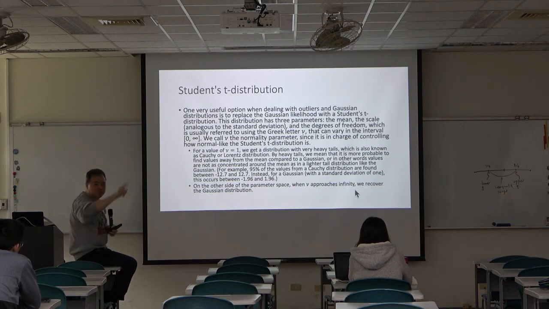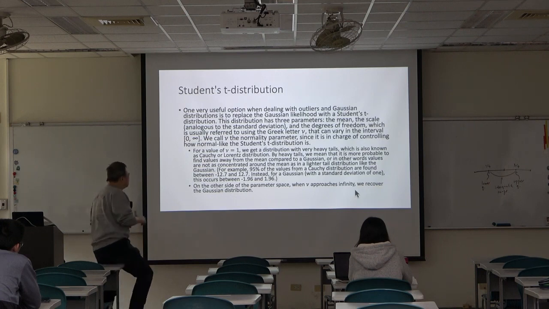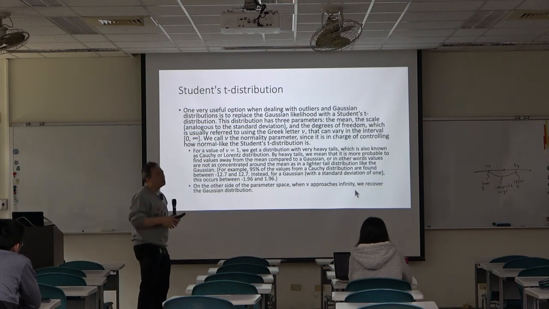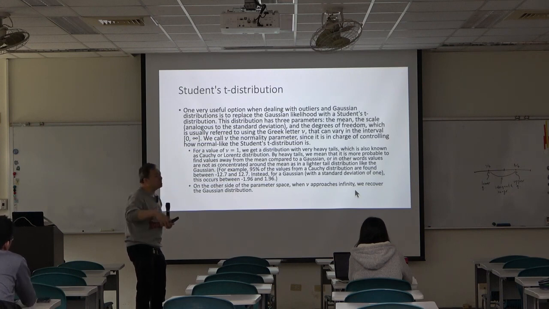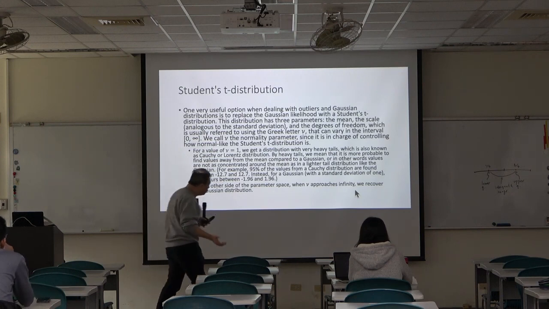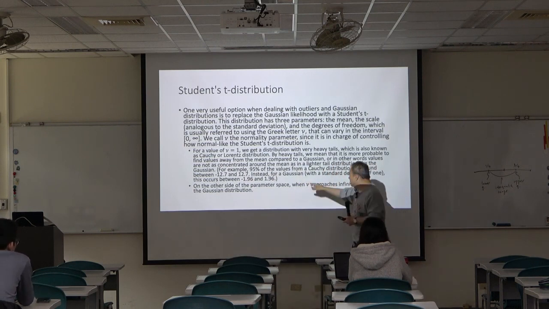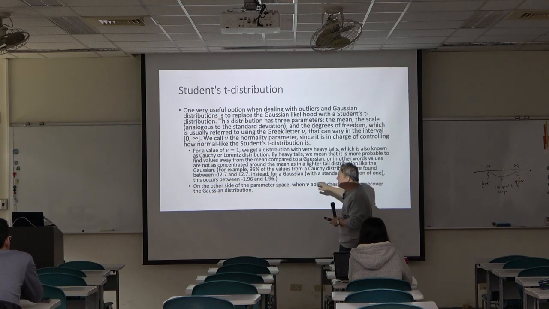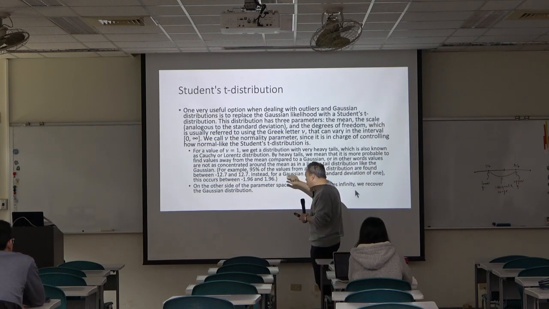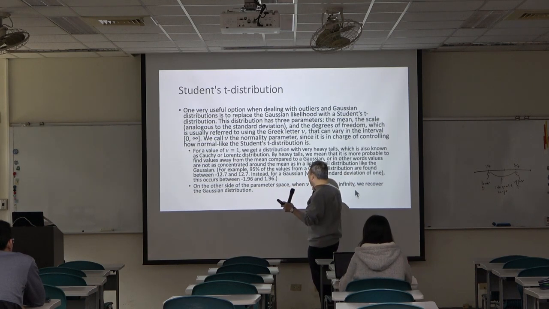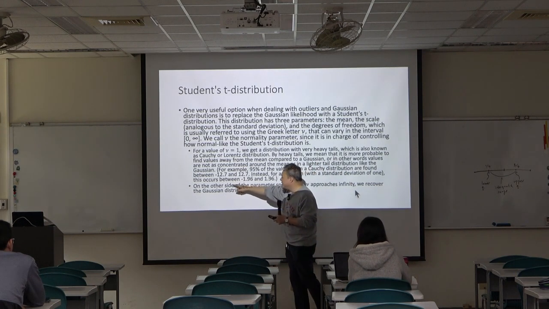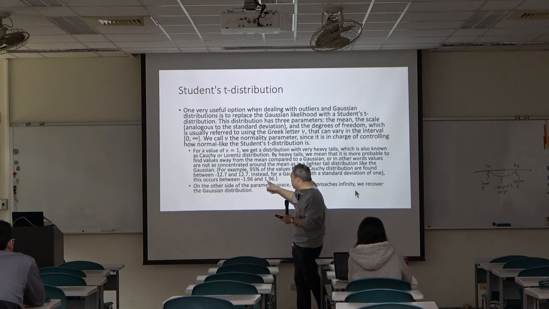For the standard Gaussian distribution, with mean 0 and standard deviation 1, we know 95% of the values will occur between negative 1.96 and positive 1.96.